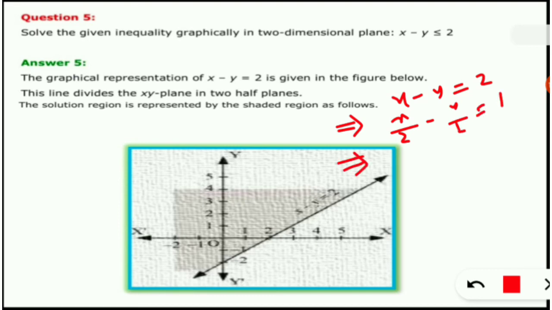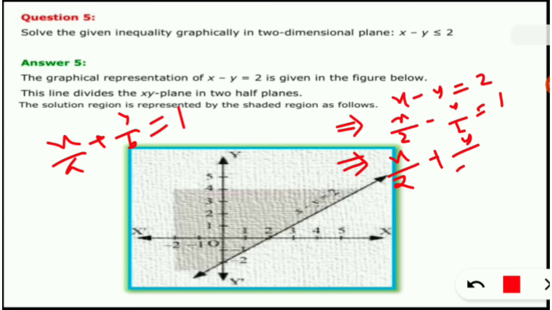But we know the standard form is x/a + y/b = 1, so this can be written as x/2 + y/(−2) = 1. So the line cuts the x-axis at the point (2, 0) and the y-axis at (0, −2).